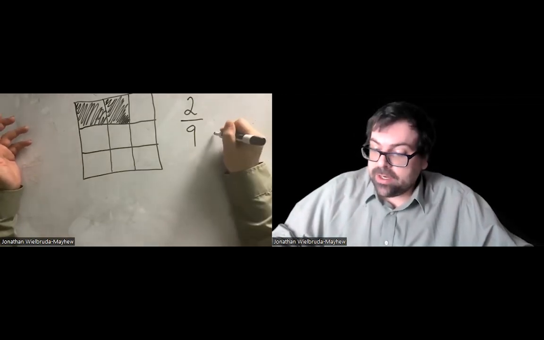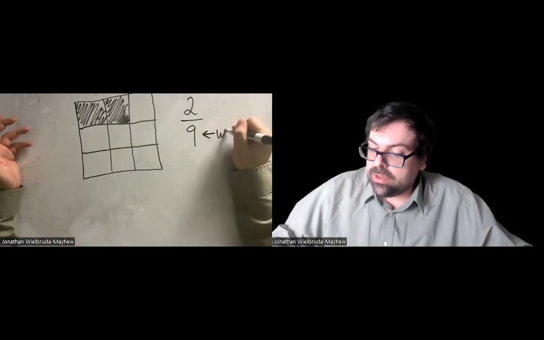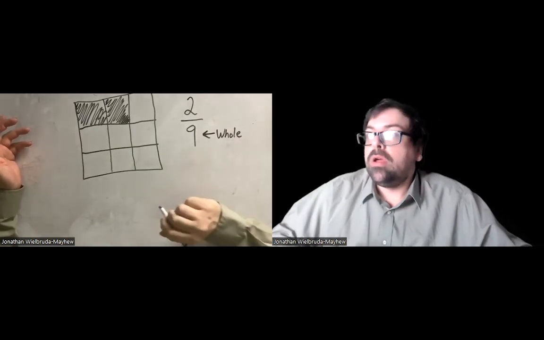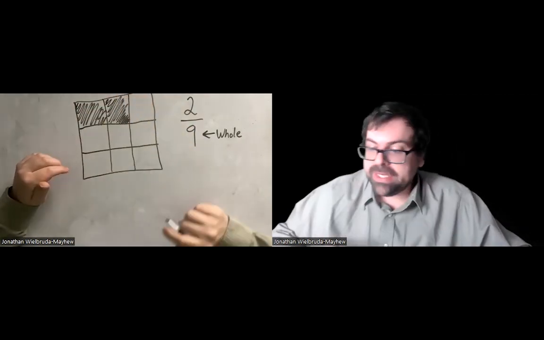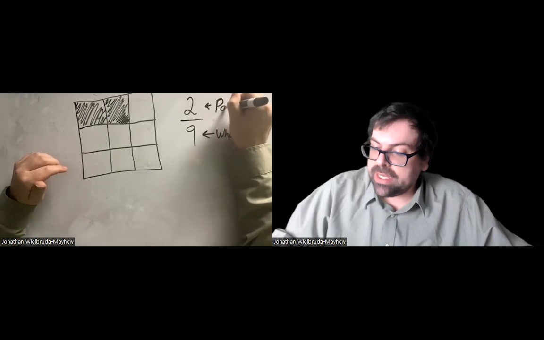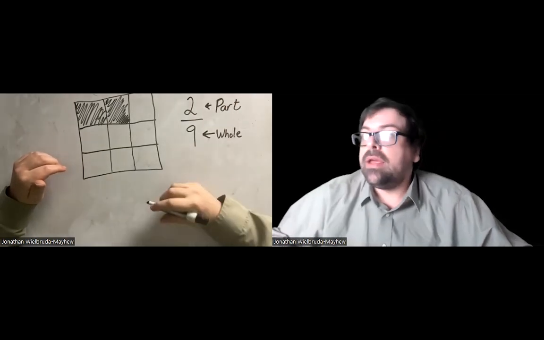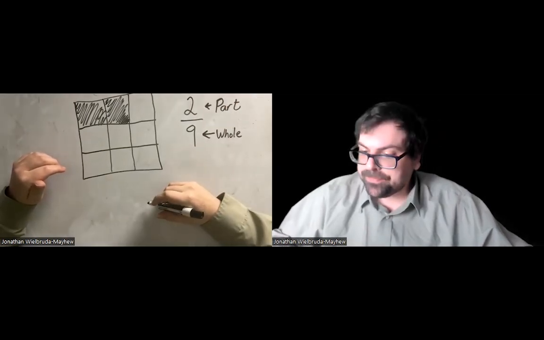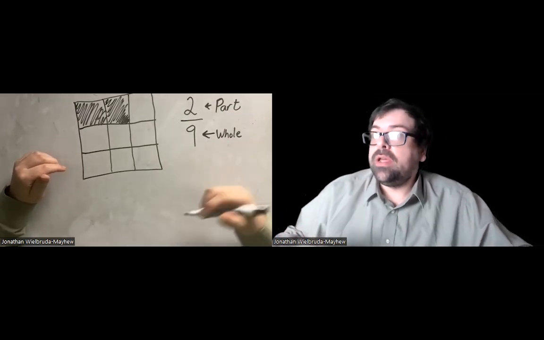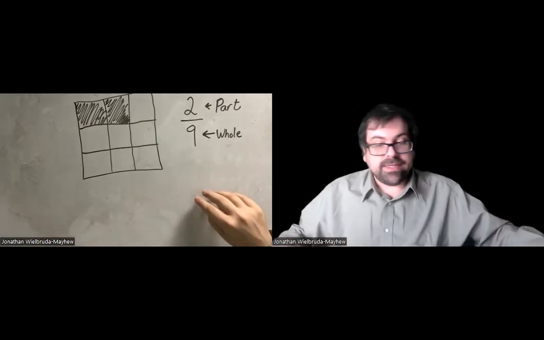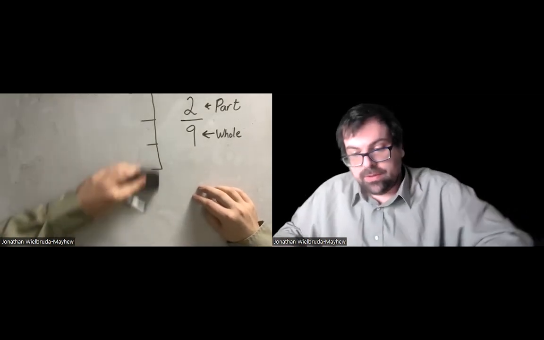It's because in the whole are 9 equal pieces, and the part of the whole that we're interested in has 2 pieces. So in a fraction, the top number represents the part, the bottom number represents the whole.